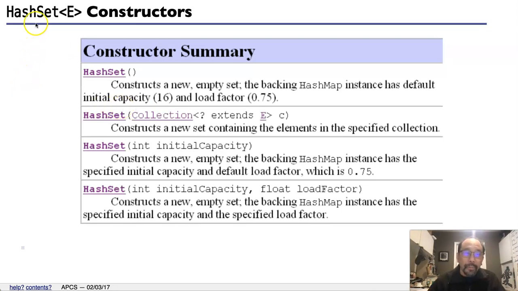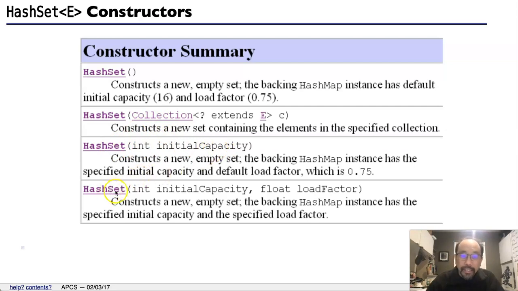So this is just a summary of some of the hash set constructors. If you don't give it any sort of input, it'll generate a table of an initial capacity of 16 and a load factor limit of 75%. You can also make a hash set that has a larger capacity.